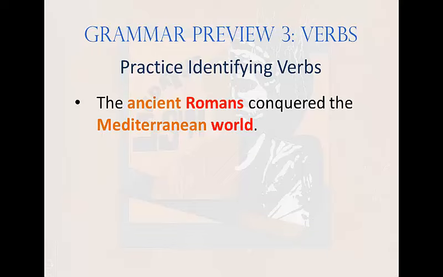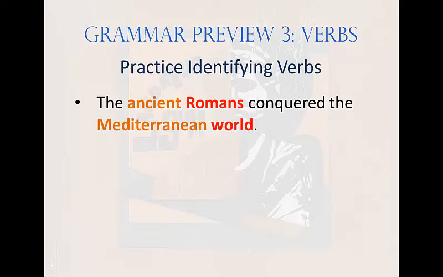Clearly, both ancient and Mediterranean modify, that is, delimit the possibilities of, the nouns they're attached to. In other words, we're talking about only the ancient Romans, not modern Romans, and only the Mediterranean world, not the whole world. For that reason, I've colored ancient and Mediterranean orange per our usual practice with adjectives.